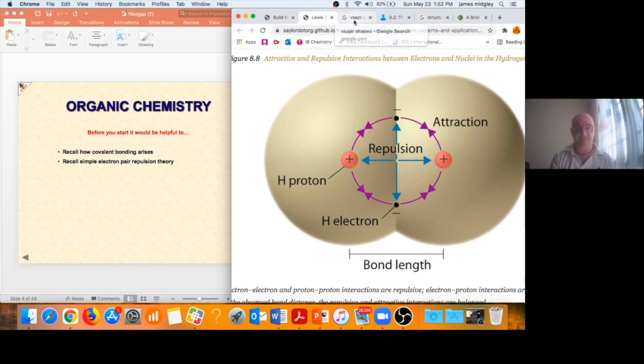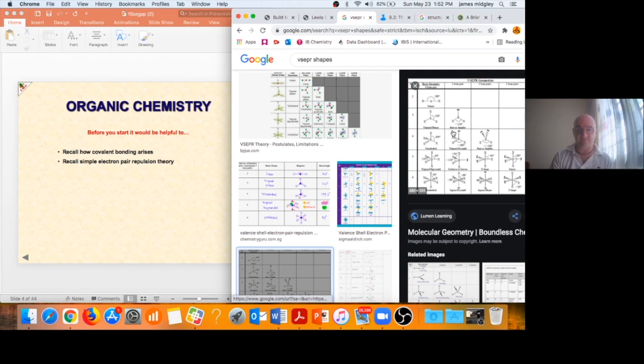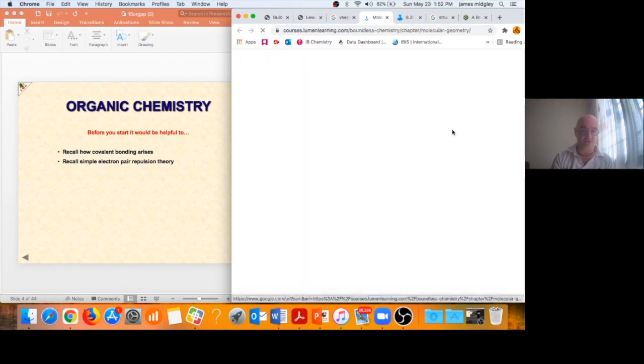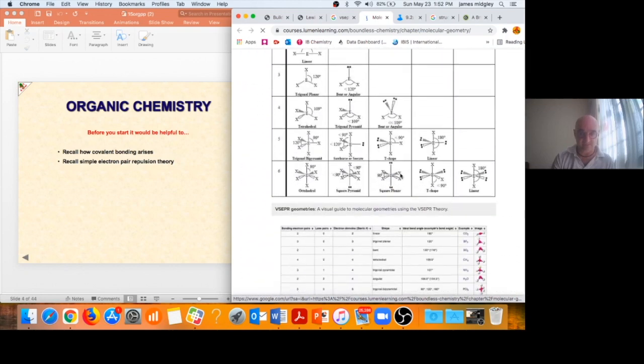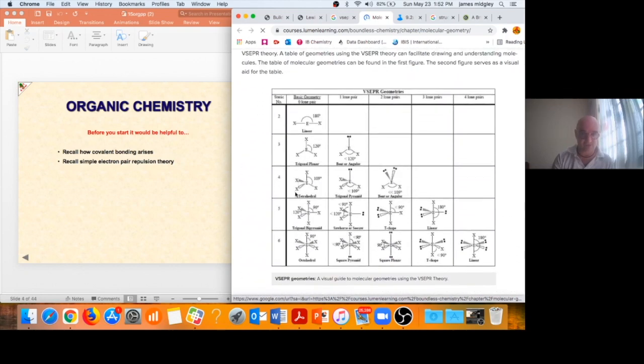Another thing which they love to ask you is about valence shell electron pair repulsion theory. If you're looking at alkanes, it's always going to be the tetrahedral, which is down here, basic geometry. If it's the carbonyl group, we're looking at 3 electron domains, which will normally be trigonal planar.